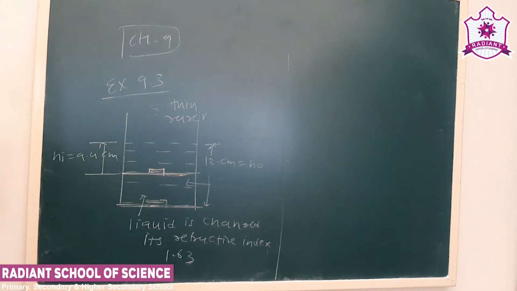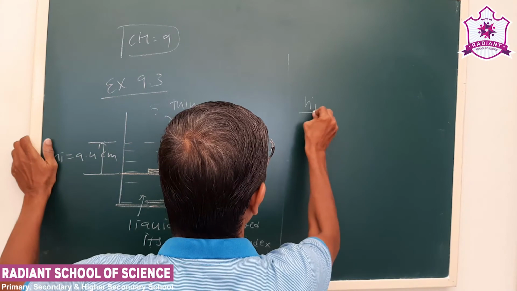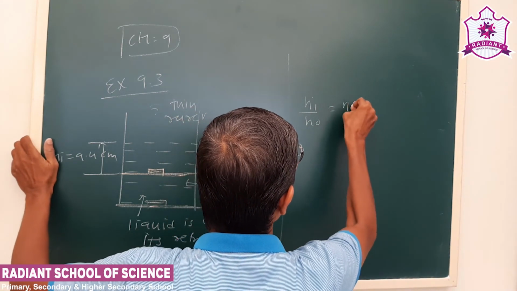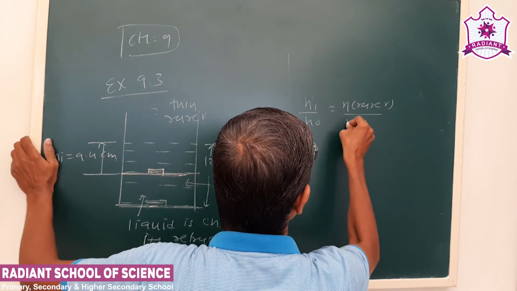Now what will be the change in the position of the object when it is observed from the top? Now see, we again use the same formula, Hi upon Ho is n rarer upon n denser.